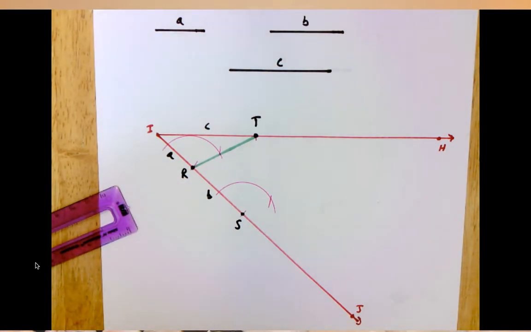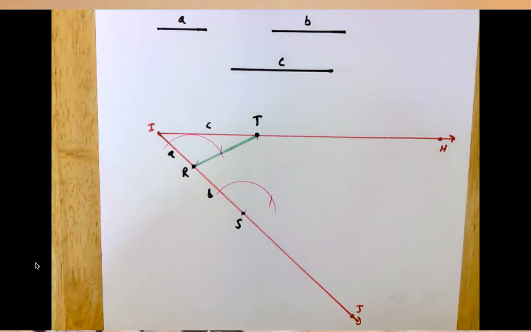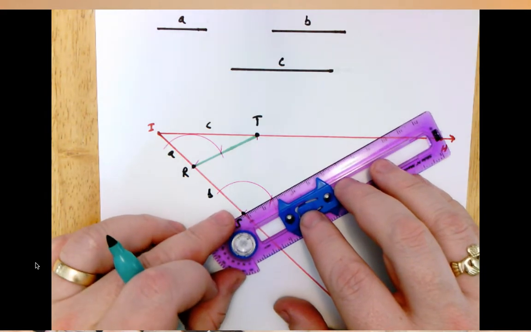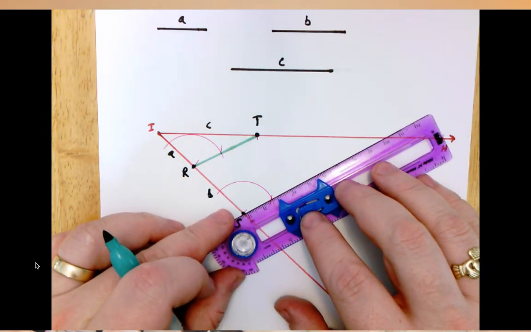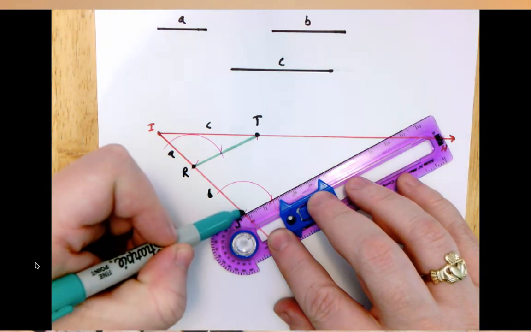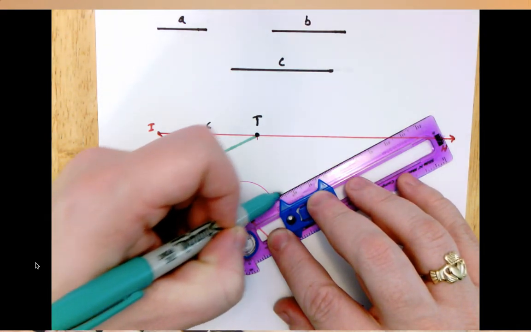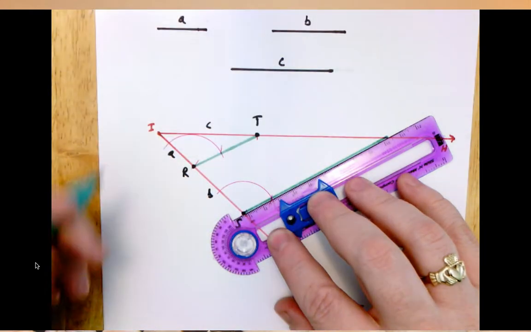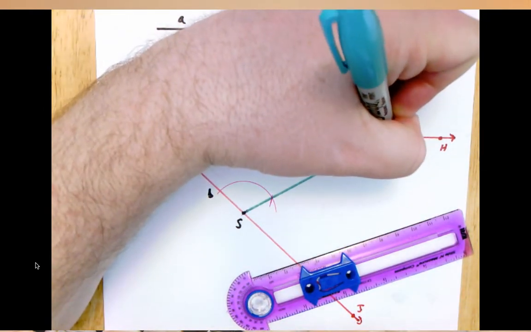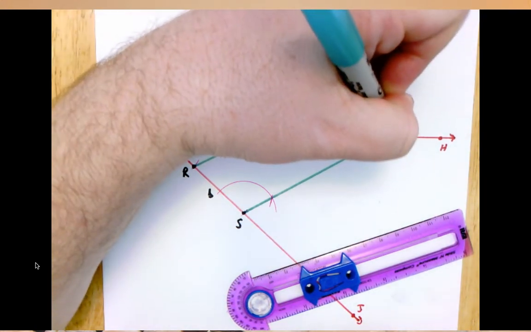So now, when I draw through point S and that intersection, we're going to get a line that is parallel to RT. This is what we're now calling point U.